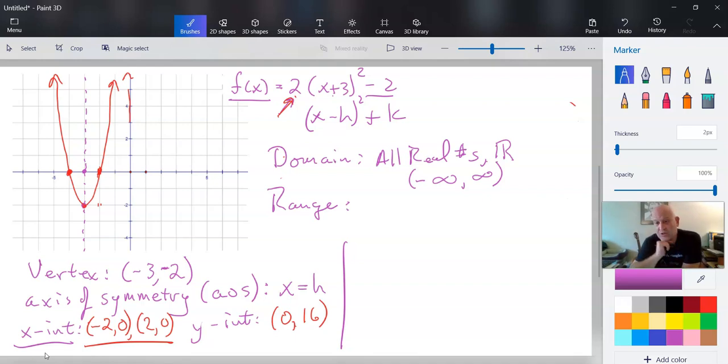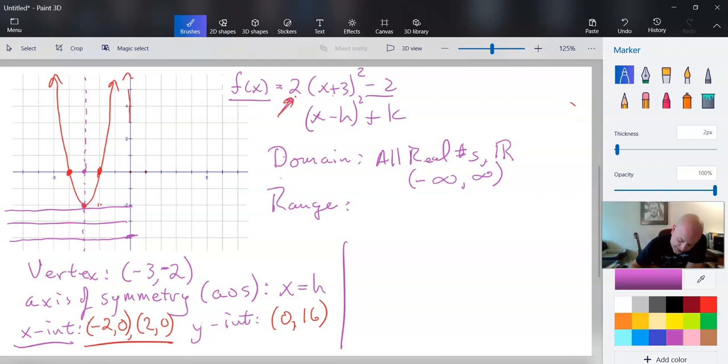The range is the one that you're going to have to think about a little bit more, because it's what y values the function produces. Well, you notice if I look here, like let's say I wanted to see if it had a y value at -4. Well, I can see at -4, it doesn't hit anything, which means -4 isn't in the range. As I move up here, the first place that I hit things is at -2.